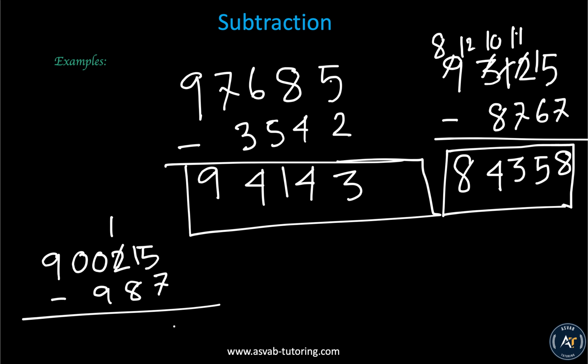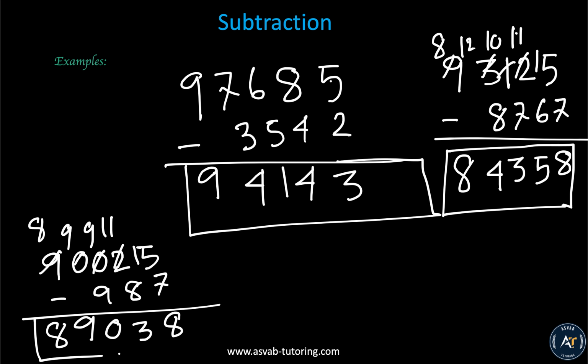So 15 minus 7 is 8. Then you need to borrow, that becomes 11, that becomes 9, that becomes 9, and that becomes 8, right? So 11 minus 8 is 3, 9 minus 9 is 0, 9 minus 0 is 9, this is 8. So you have 89,038.